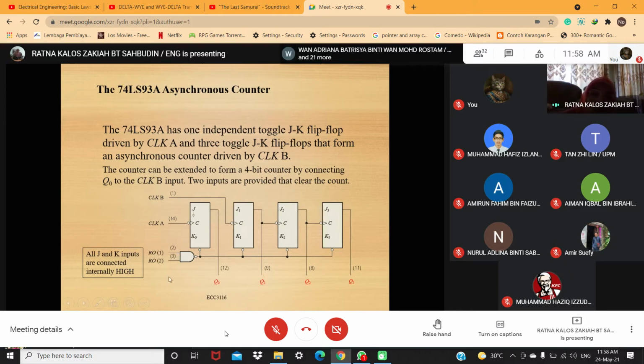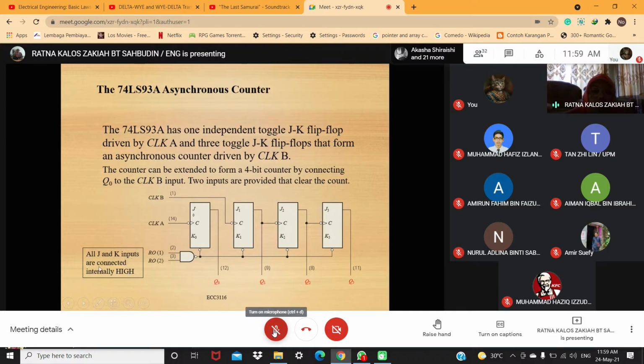Okay, this is a reset gated. So when these are both high, so when high becomes high, NAND high becomes low. So when this all low, it clears all the state here. Okay.